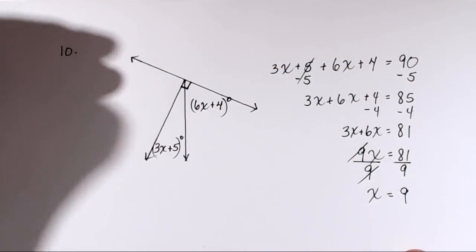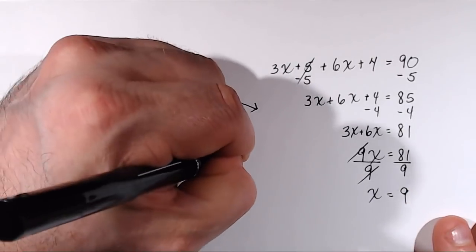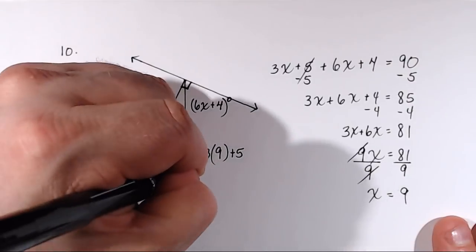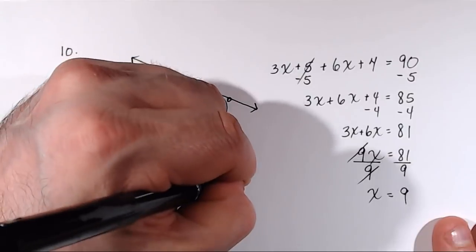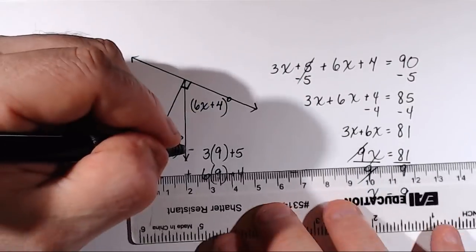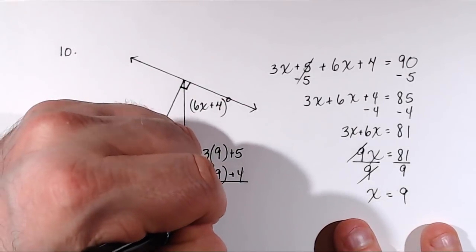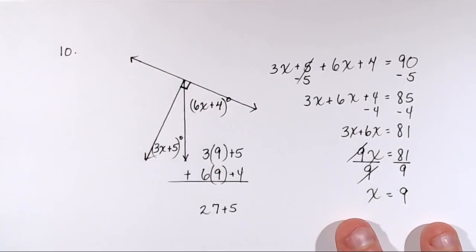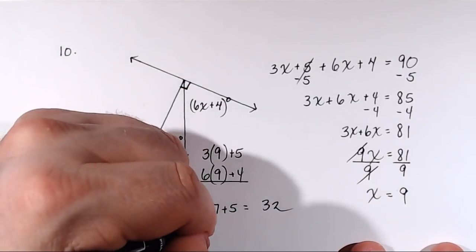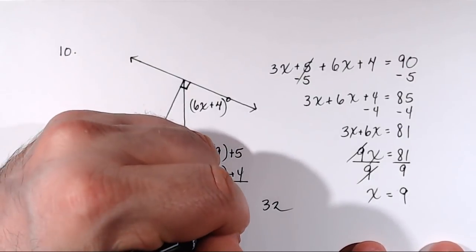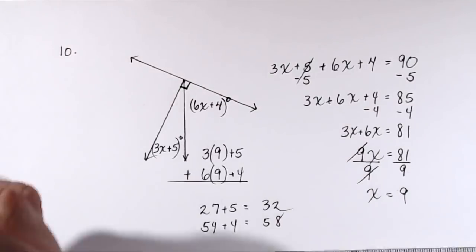It's useful to check your answer. 3 times 9 plus 5, plus 6 times 9 plus 4. What does that equal? 3 times 9 is 27, 27 plus 5 equals 32. 6 times 9 is 54, 54 plus 4 equals 58.